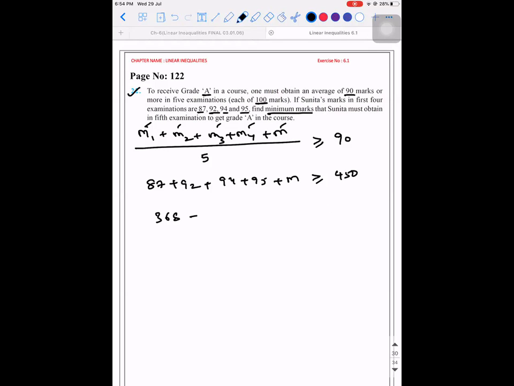So 368 plus M should be greater than or equal to 450. So M should be greater than or equal to 450 minus 368. So what will be the answer? 82. So minimum she needs to score is 82.